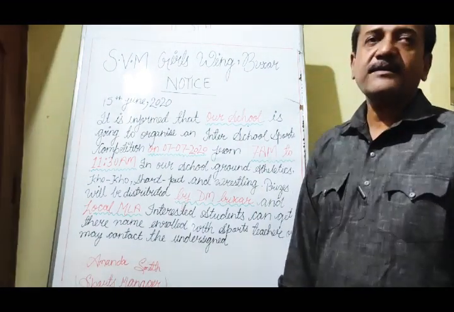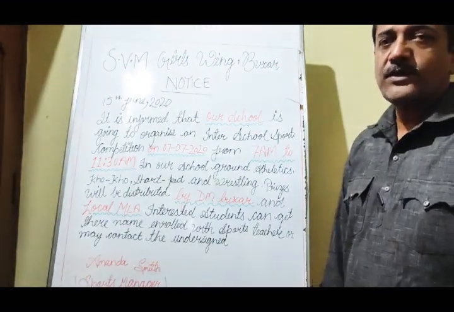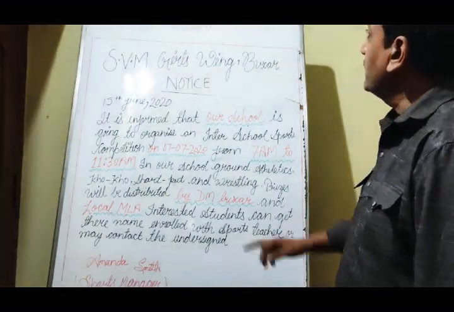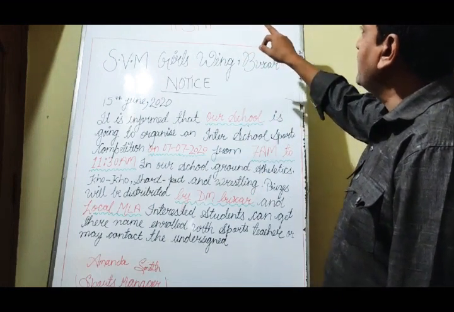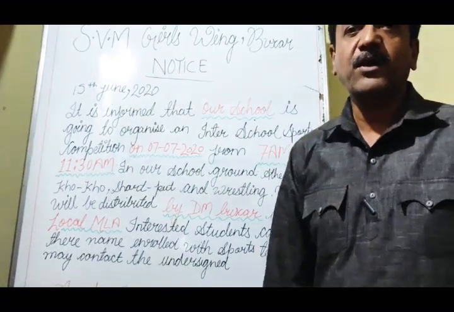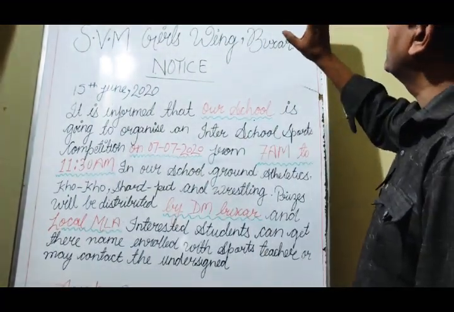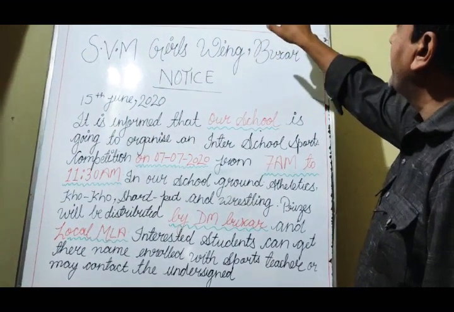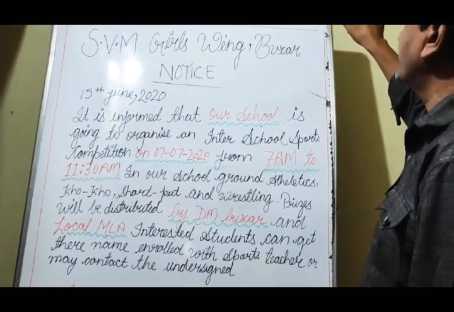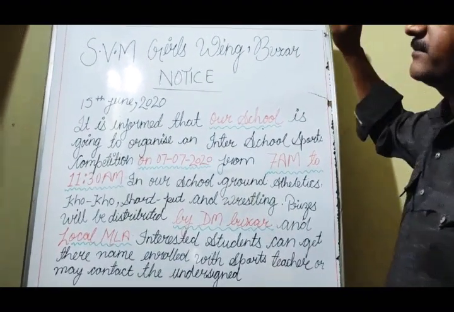So let's start how to start a notice. First we will go for the format. Any notice is written or issued by some organization. So at the top, in the center, we write the name of the issuing authority or organization.